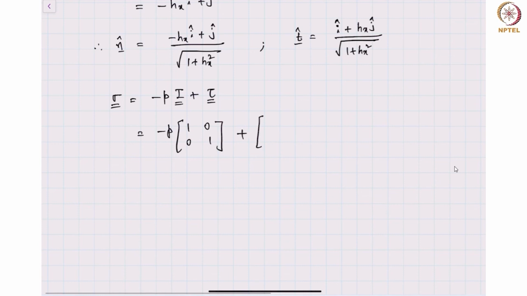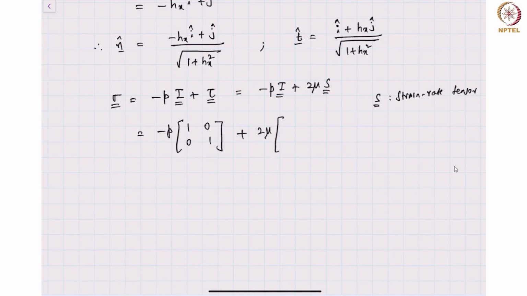Remember this tau itself is 2 mu S, where S is the strain rate tensor. So just continuing the discussion for 2D, just for 2D flows.